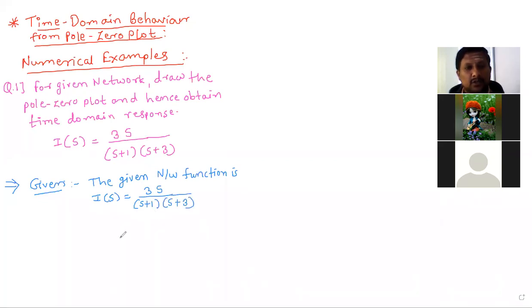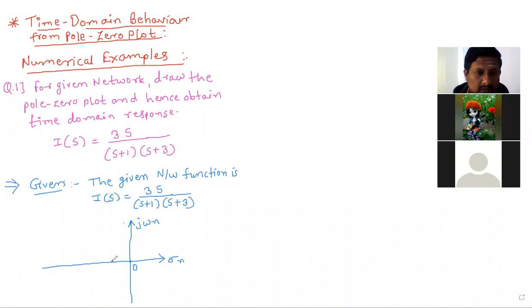So you can plot the pole zeros. How many zeros are there? We have discussed already. So this is the x-axis sigma n, this is the y-axis j omega n. This is 0. Here -1, -2, -3. Up to -3 we can take.